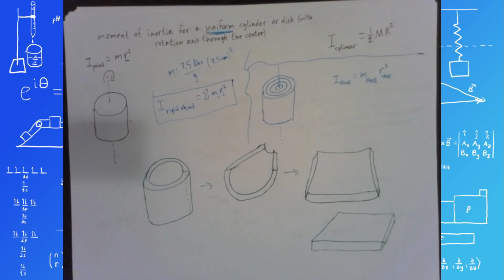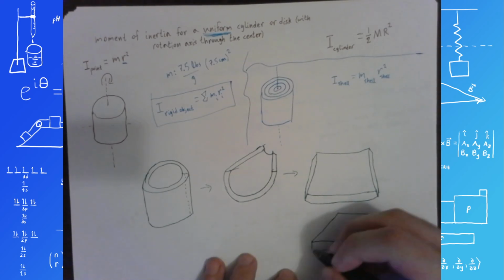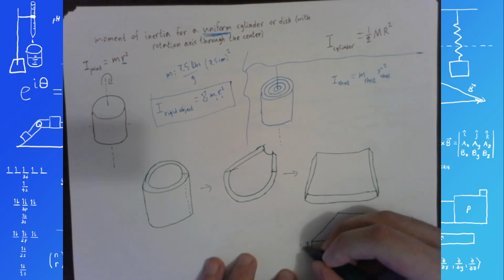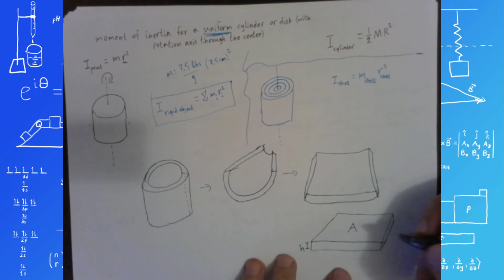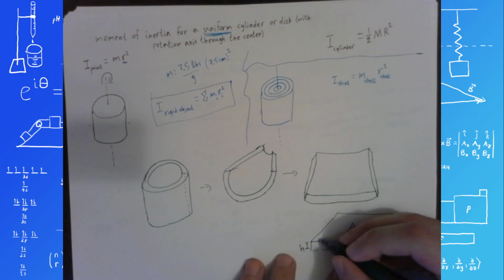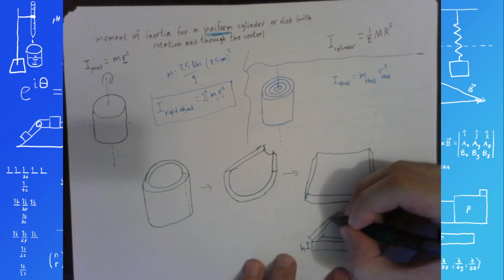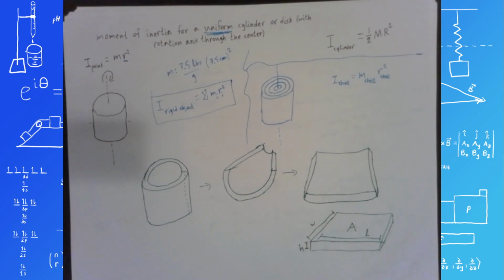Okay, what's the volume of this thing? Well, this would be just the area of its base times whatever this height is. That would be its volume. So for the area, I would just take whatever this length is, L, and multiply it by whatever this width is, W, and yeah, length times width times height.